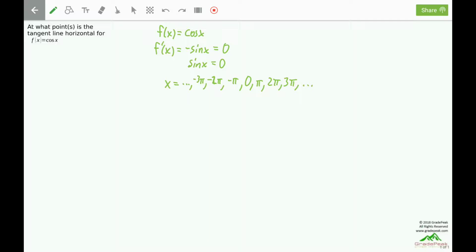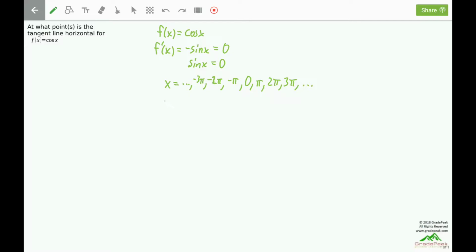There's an infinite number of locations where we have a horizontal tangent line to the graph of f of x equals cosine x. It's all of these. That's one way to write the result, is list them all like so, with the dot, dot, dot to indicate that the pattern goes on forever.